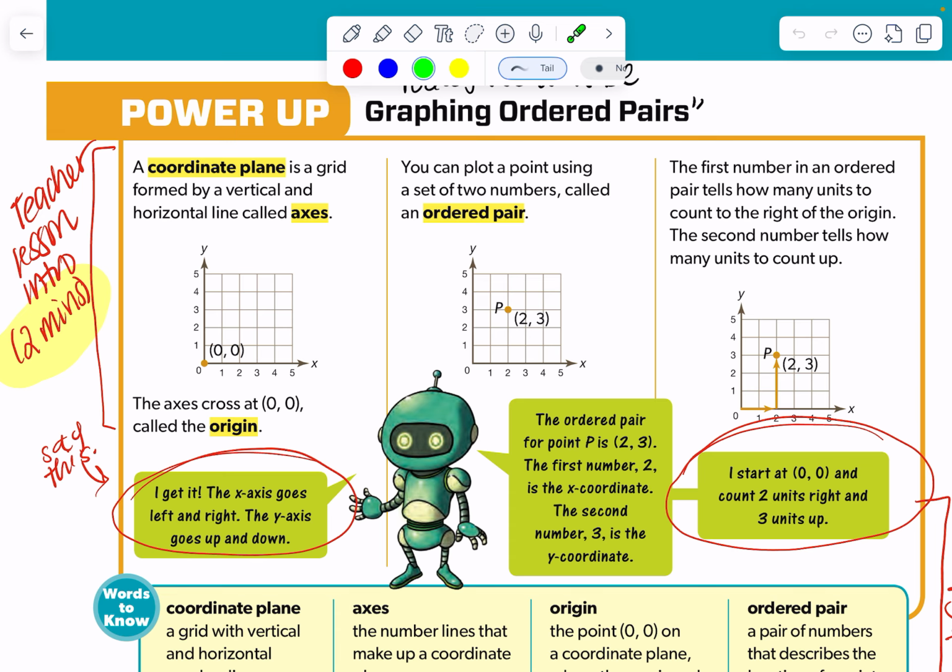So if we were going to plot 2, 3, starting at the origin, we would move 2 spaces to the right, and then from there go up 3 units. That takes us to P.